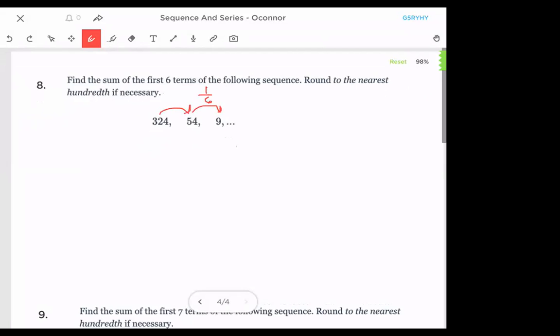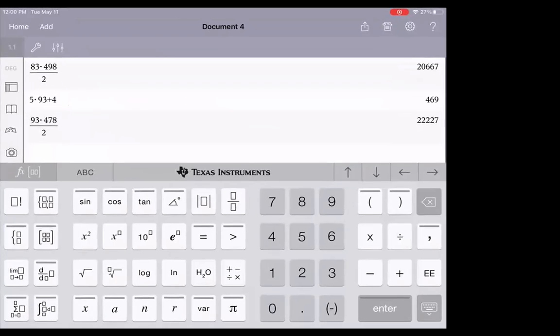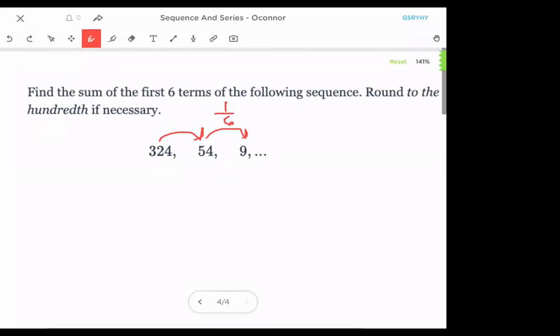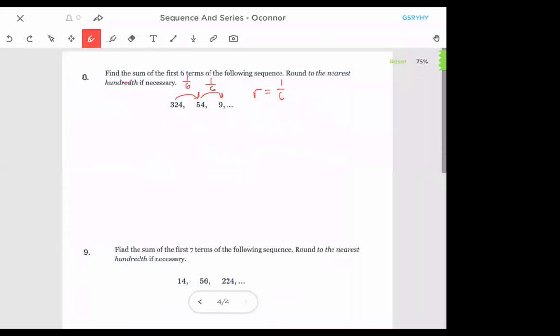But I don't know if that is 1/6 also. So I'm going to check. I'm going to do 324 divided by 6. And with any luck, it's 54, meaning this is geometric, and our r value is 1/6. So I now know that it is a series because it's a sum, and it's geometric.